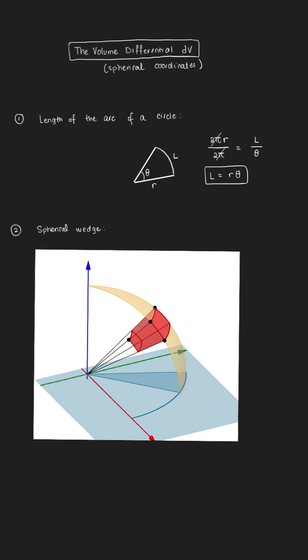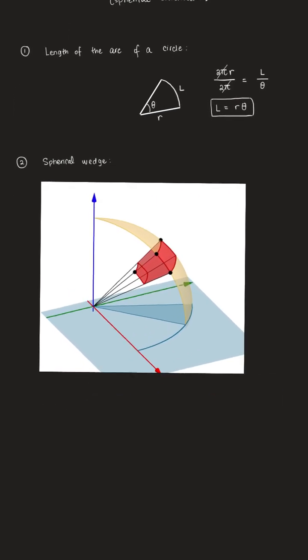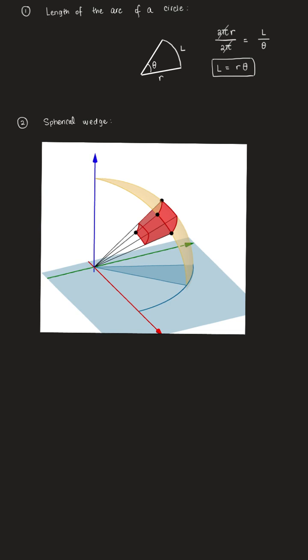All right, so let's move down, and we have a little spherical wedge here, and we've got to figure out its volume. So let me label: the green axis is the y-axis, the red axis is the x-axis, and the blue is the z-axis. And this is angle theta on the xy plane.